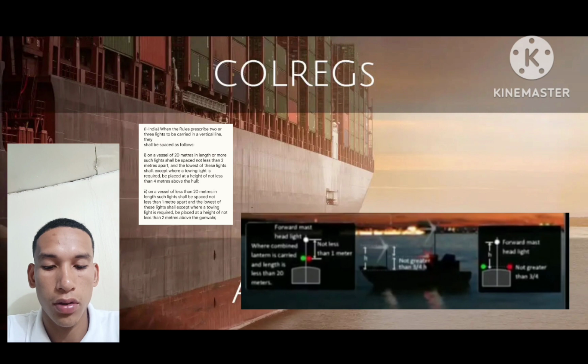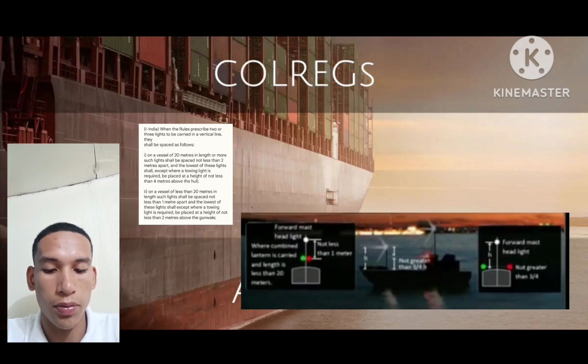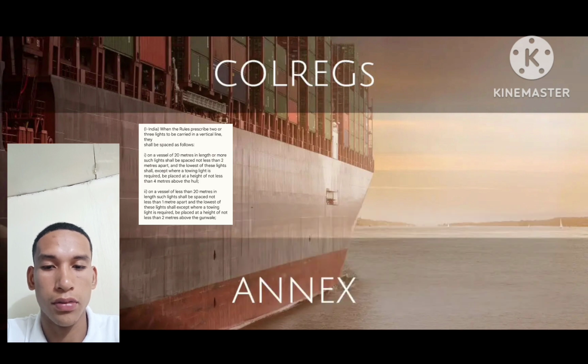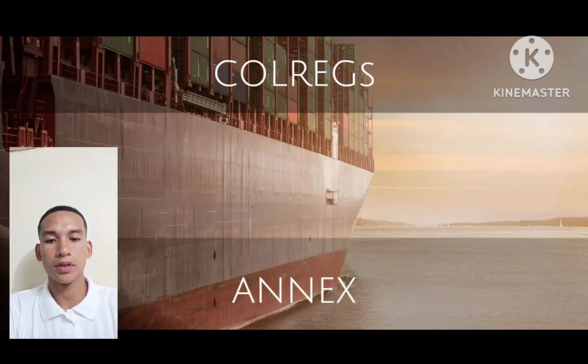On a vessel of less than 20 meters in length, such lights shall be spaced not less than 1 meter apart. The lowest light shall, except where a towing light is required, be placed at a height of not less than 2 meters above the gunwale. They shall be equally spaced.